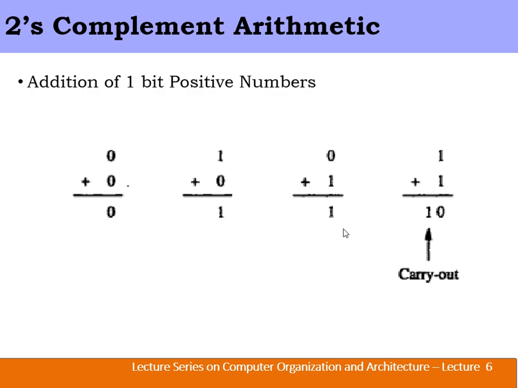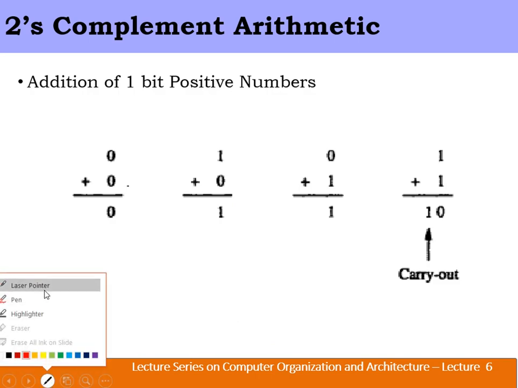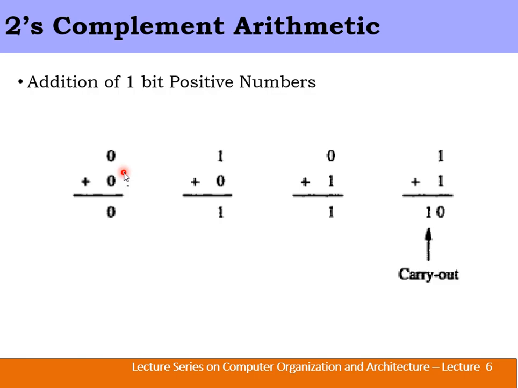2's complement arithmetic. First we will discuss addition of one bit positive number. Let us take an individual bit, that is 1 bit, for performing an addition. With respect to 1 bit operation, we know there are 4 combinations: 0 0, 1 0, 0 1 and 1 1.